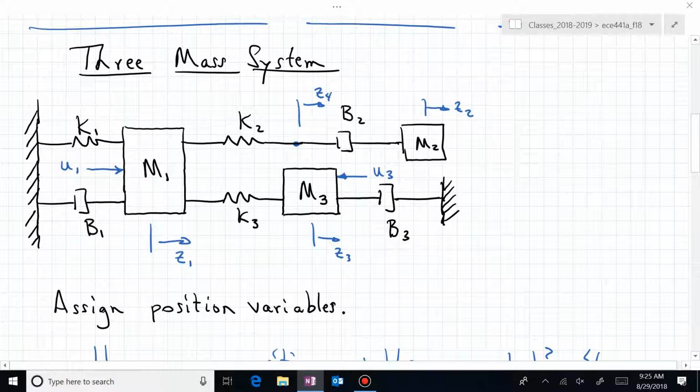If that spring presently is in an equilibrium state, the way I've drawn this diagram, and now I move Z1 the same distance as Z4, what have you done to the contraction or expansion of that spring? Nothing, have you? So should it produce a force?